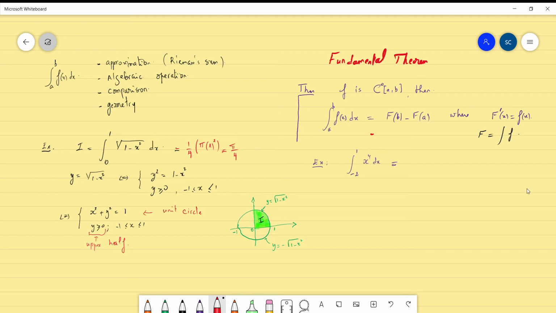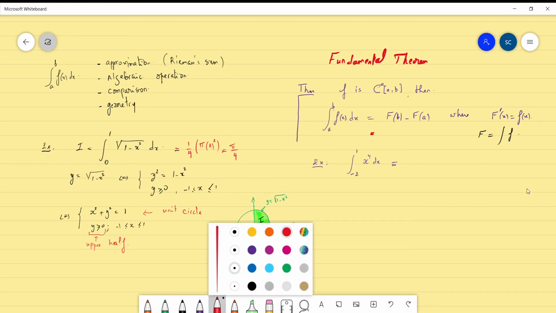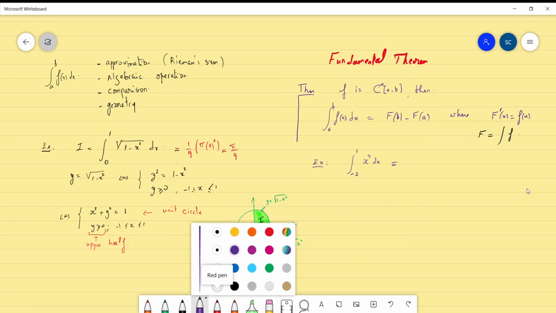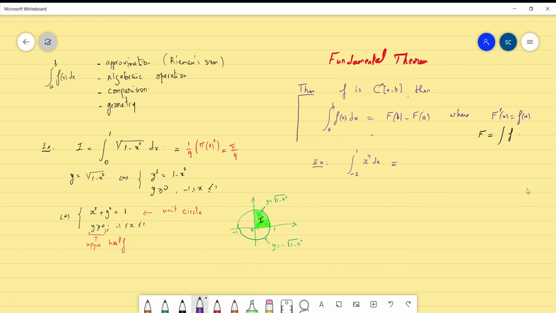I need to tell you something else here: another notation. You can use the following notation: F(x) evaluated from a to b, with the endpoints.